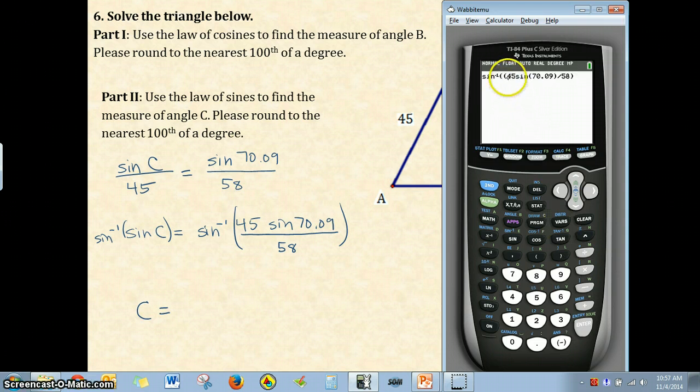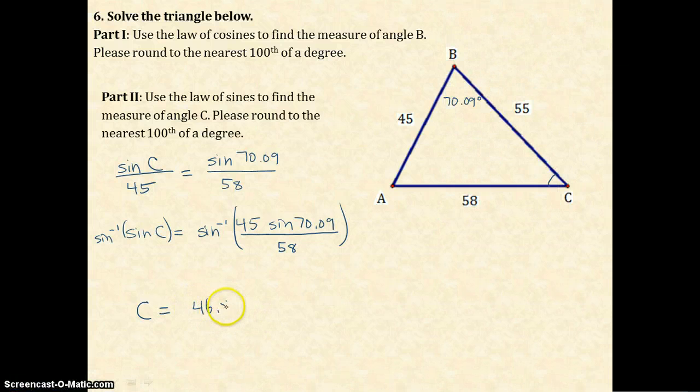Oh wait, I opened a parentheses on the top, but I didn't close those parentheses, so I'm going to go back, close that parentheses, and then divide by 58, and then close the sine inverse. And I get 46.84. So angle C is 46.84 degrees.